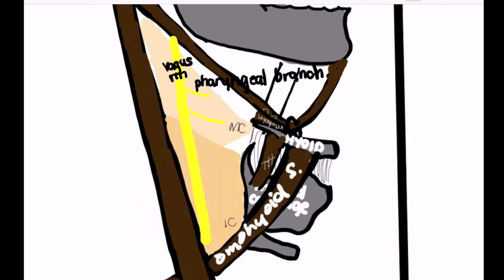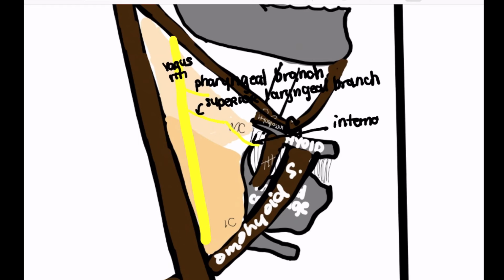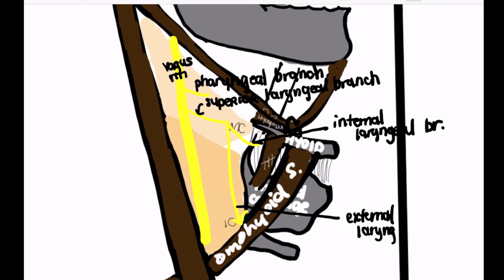Now the second branch is this one. This is called the superior laryngeal nerve. It divides into the internal laryngeal nerve and the external laryngeal nerve. Now, it is important to note that these two branches, internal and external laryngeal branches, have close relations to certain important arteries.